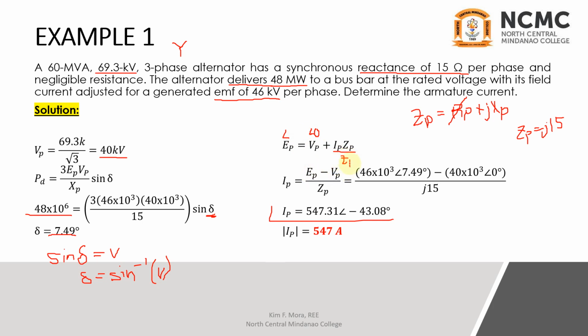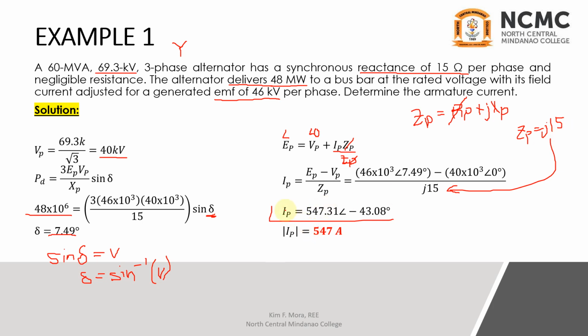Then divide both sides of the equation by ZP, so that only IP remains on one side. Then substitute the values: EP is 46 times 10 to the power of 3, angle 7.49 degrees, minus VP, which is 40 kilovolts, or 40 times 10 to the power of 3 angle 0, divided by our ZP, which is j15.